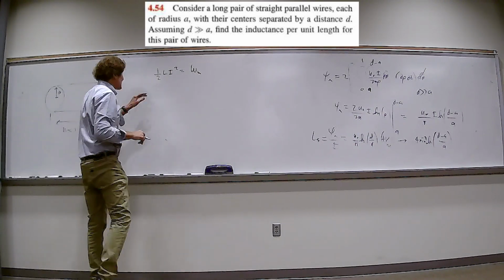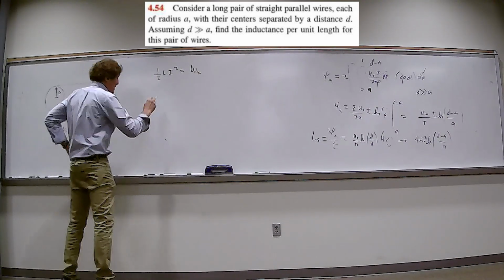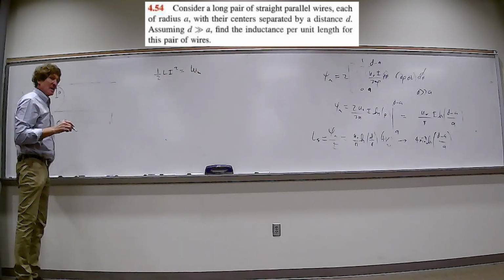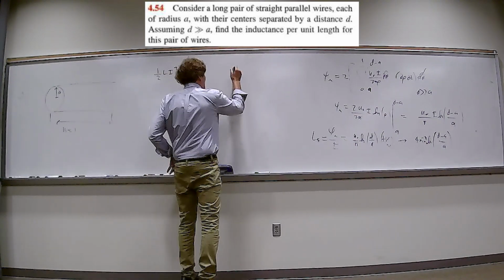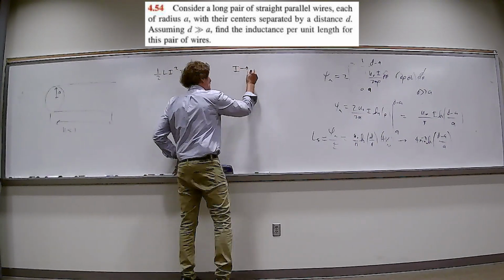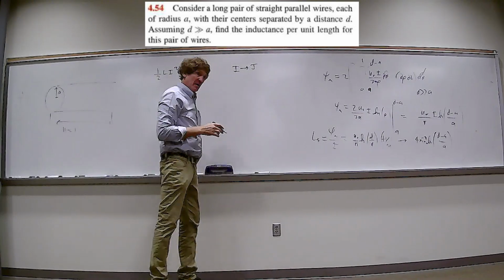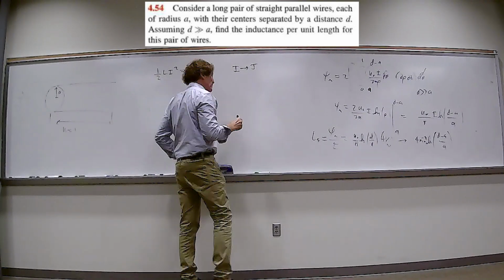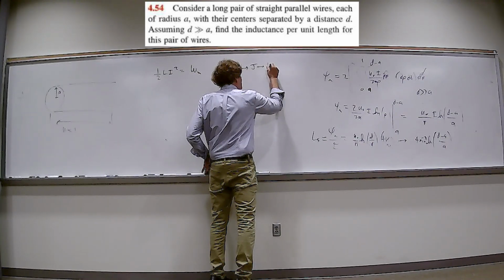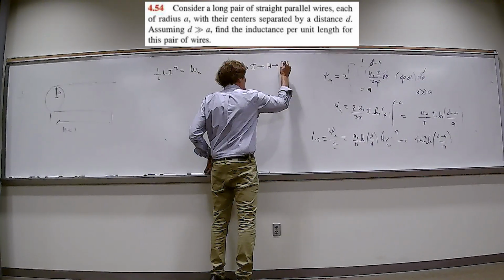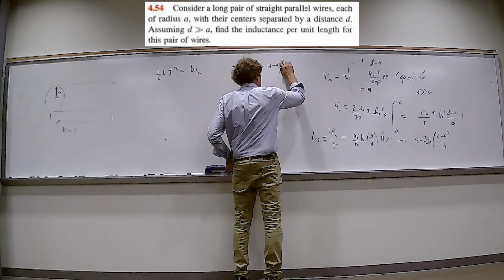Now, if you take a look at this, if we use this energy approach, here's what we need. We first assume I, and from I we get J. Y'all hear me on that? Now from J, we're going to go ahead and get H. From H, we get B, or we don't even need B in this case.